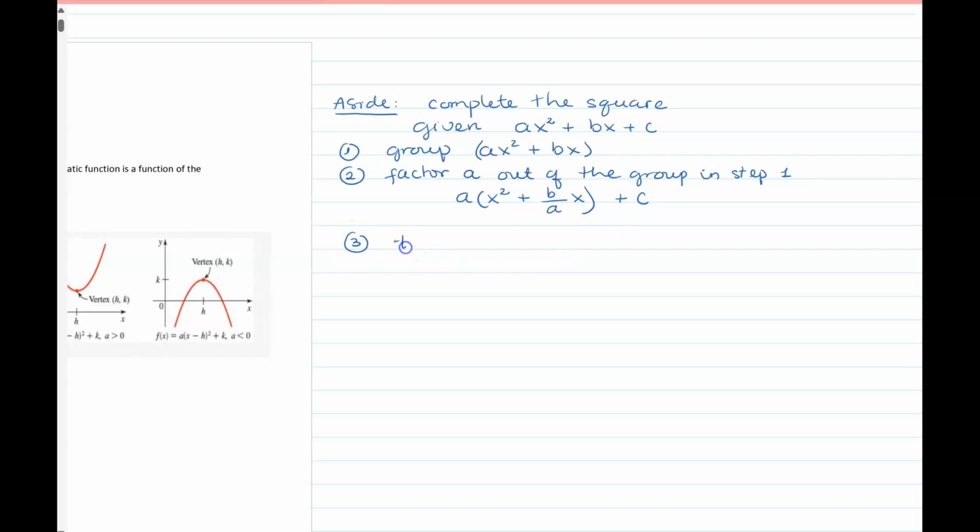Third, divide b over a by 2 to get b over 2a. The next step, square the result in step 3.